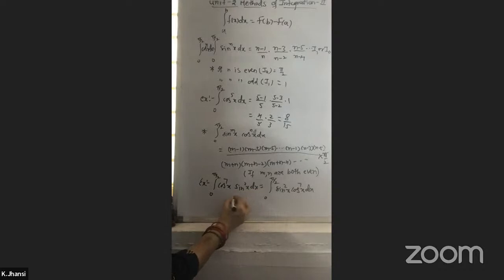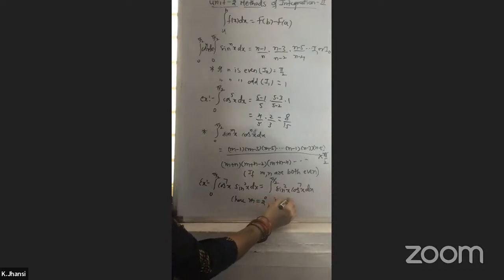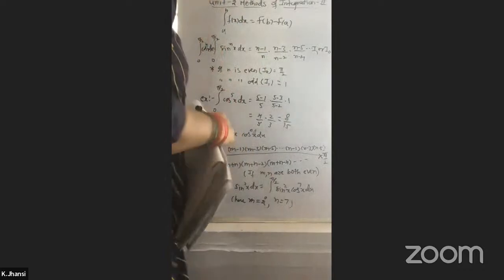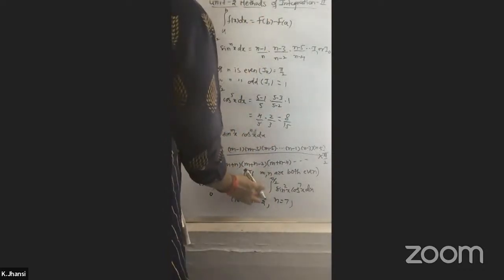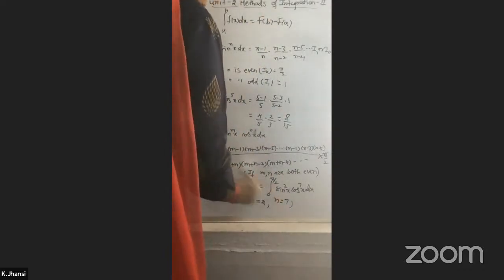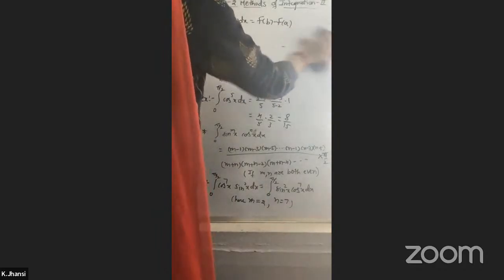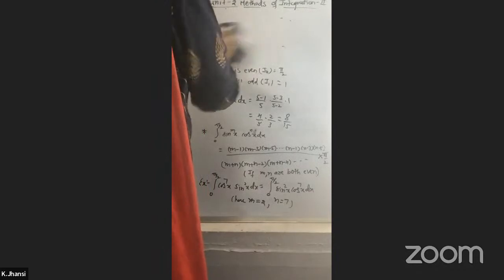Now here you can see m is equal to 2 and n is equal to 7. These two are the values. Now you substitute in the formula.